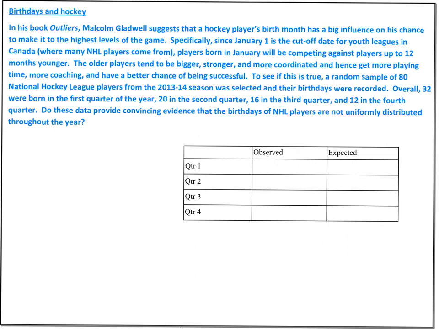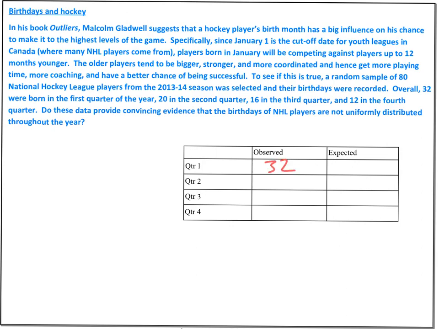If your birthday is earlier in the year, you're older relative to who you're playing against, and you could therefore be more competitive, get more playing time, and have a better chance to develop, this kind of thing. Okay. First thing we got to look for here is observed counts.